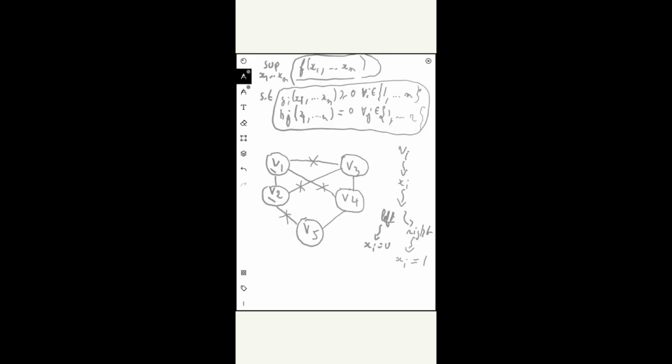The constraint we can use to force xi to be uniquely 0 or 1 is the polynomial equation xi squared equals xi, because 1 squared equals 1 and 0 squared equals 0. So that implies xi squared minus xi equals 0.